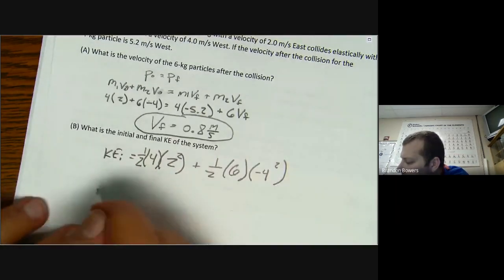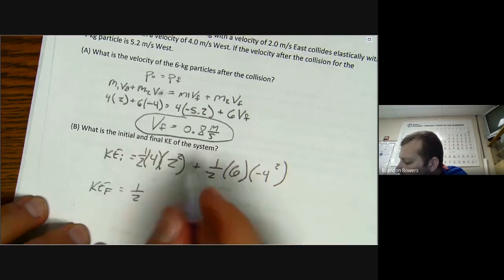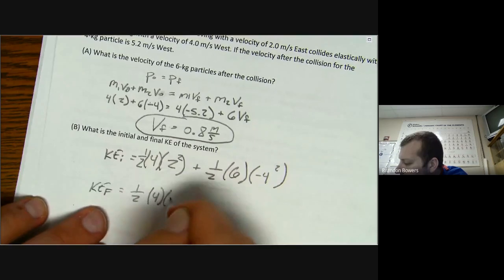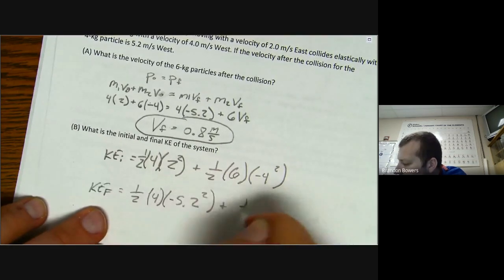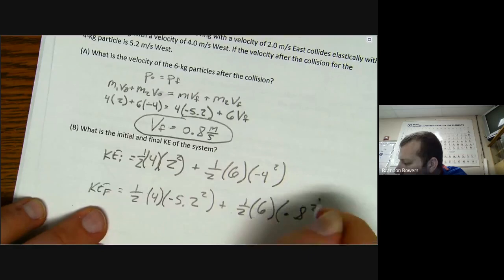Okay, let's do our kinetic energy final. So 1/2 mass velocity squared plus 1/2 mass velocity squared.